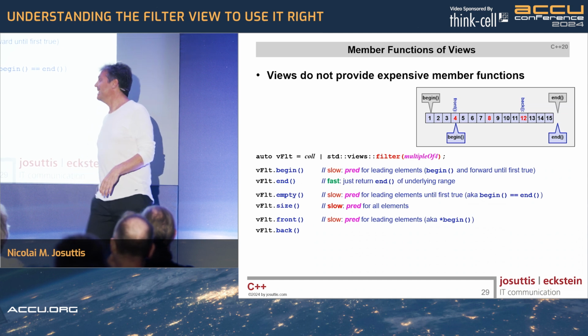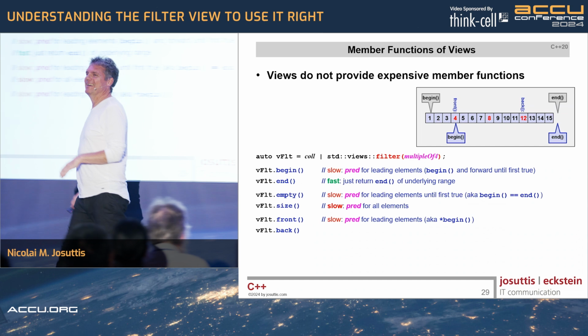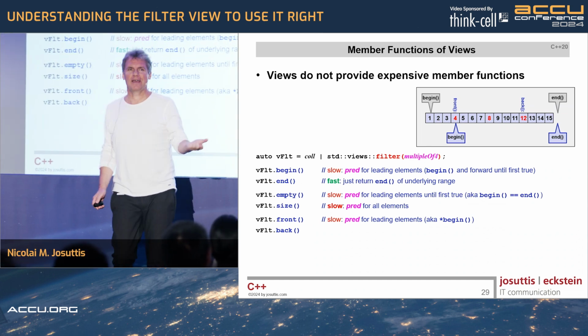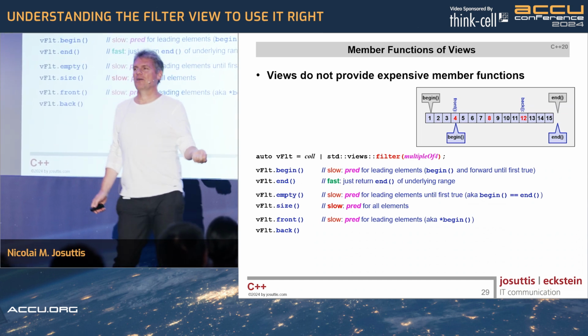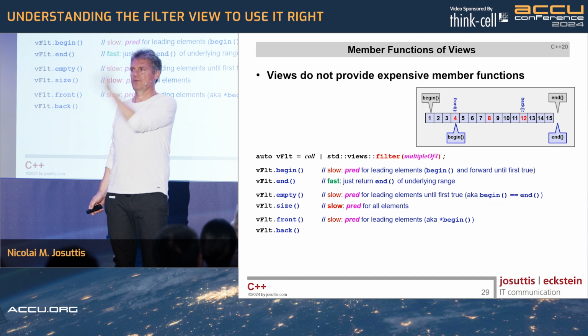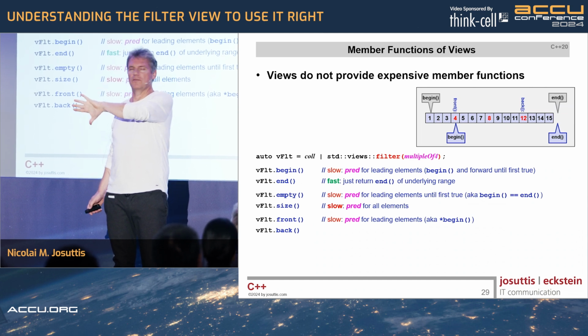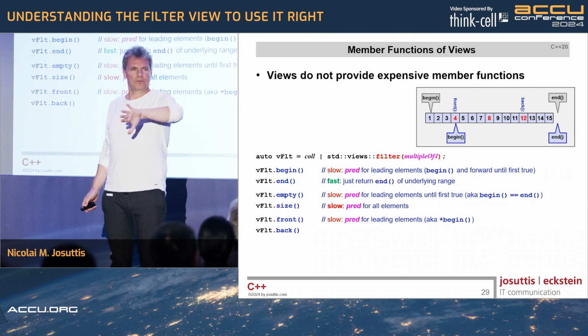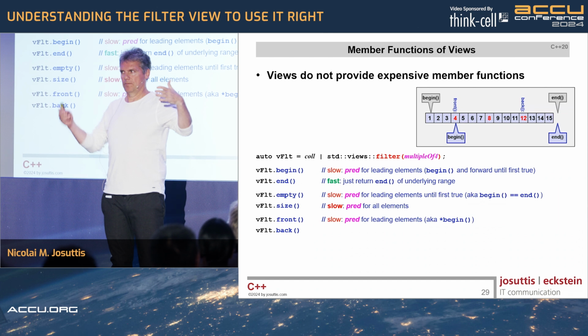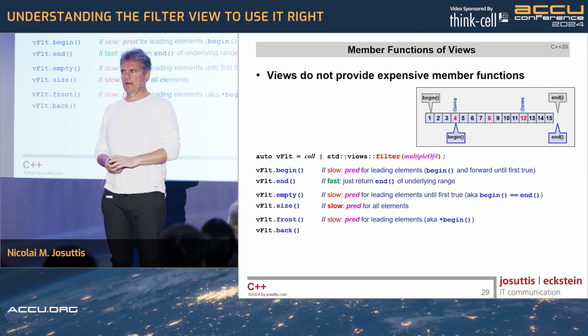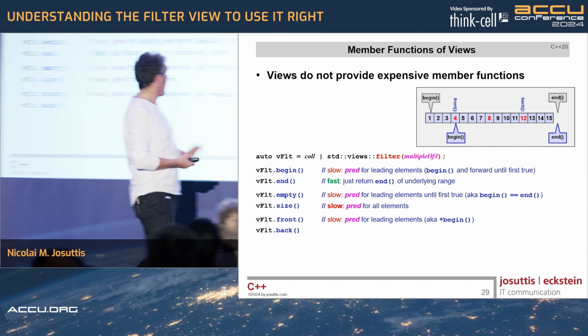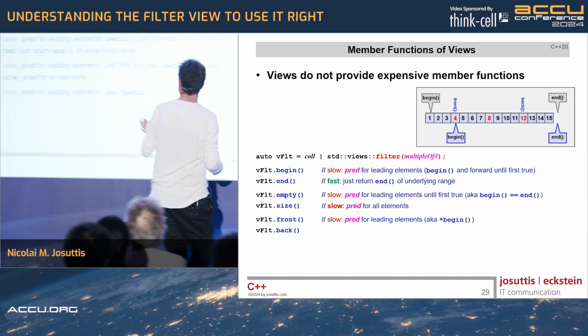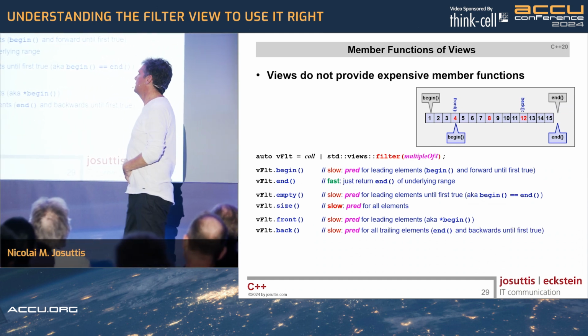Oh, it depends, I would say. The question is, can we go backward through this? So if we can go backward, we go to the end and then we iterate backwards to the first element. But the bigger the range is, we have the same problem as with begin. So back is somehow slow, yeah.